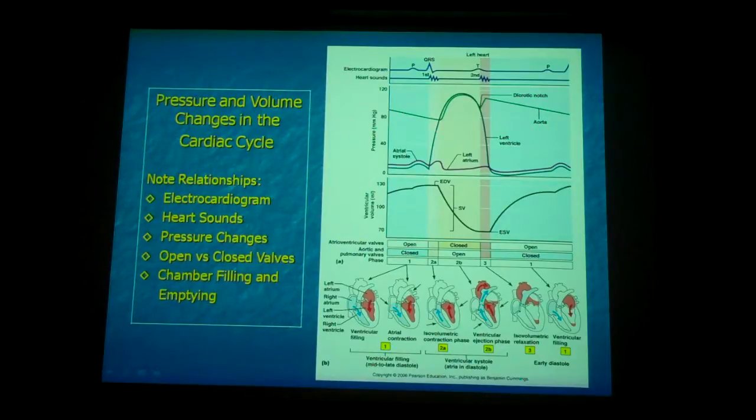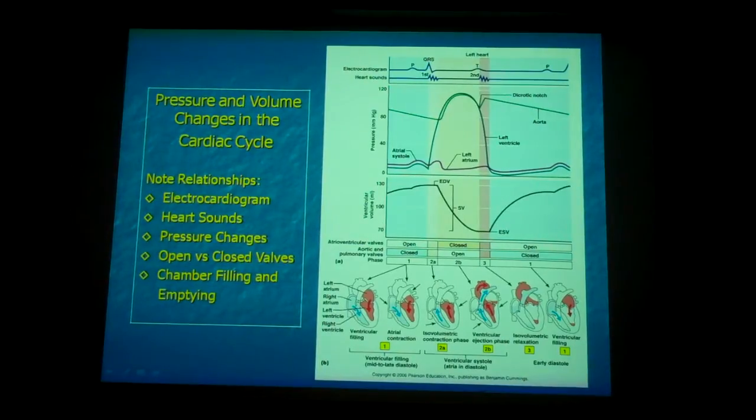So from right here to over here, the aortic valve is open, isn't it? But when the pressure in the ventricle drops below this, what happens? The aortic semilunar valve closes. The aortic valve closes, doesn't it? Yeah. And this is the second sound right here.